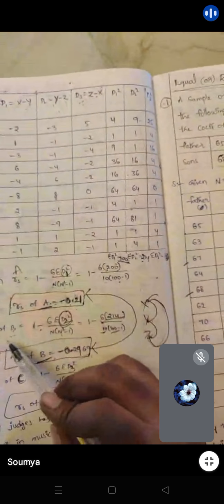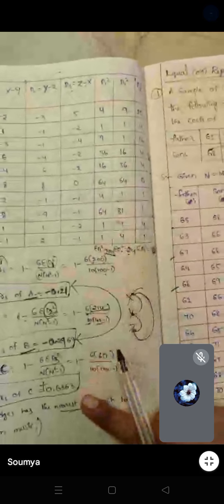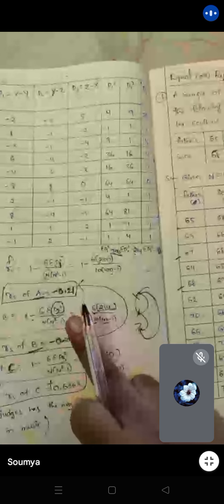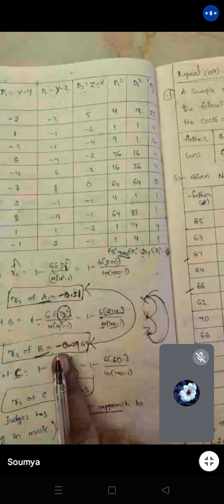For B also, and for C also. 1 minus, since I have so many d's, that's why I'm taking 1, 2, 3. Capital N is the number of observations. Substitute the values and you will get this. And when they ask for the nearest approach, this is the nearest approach.